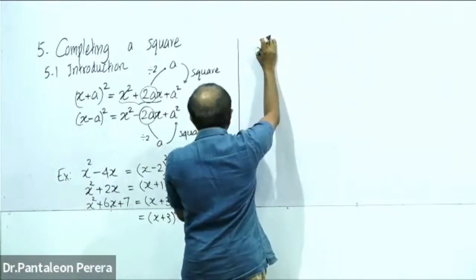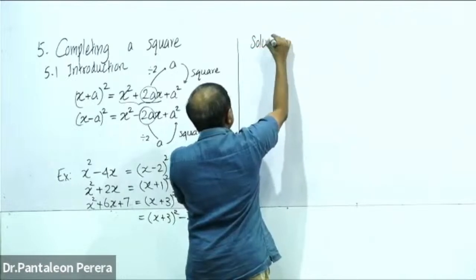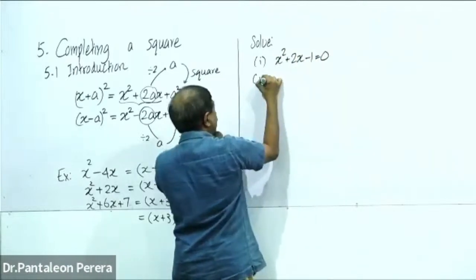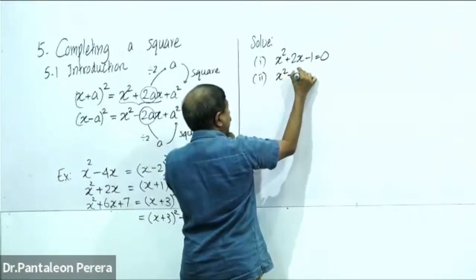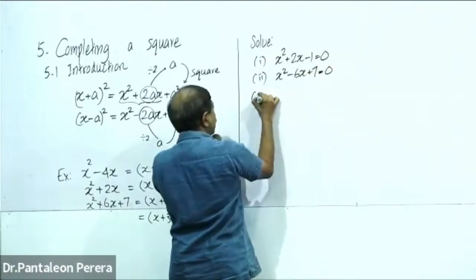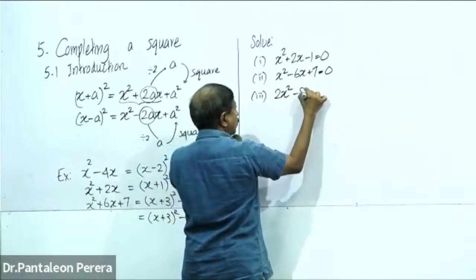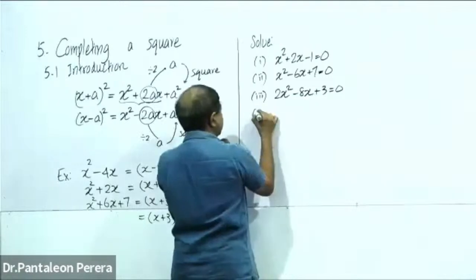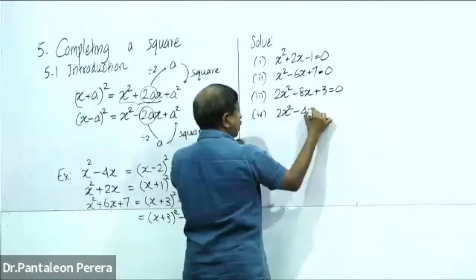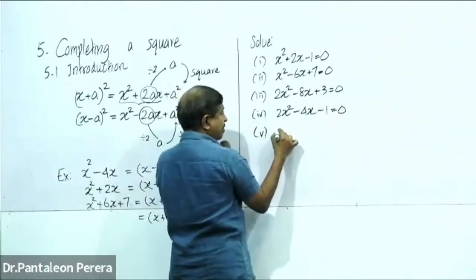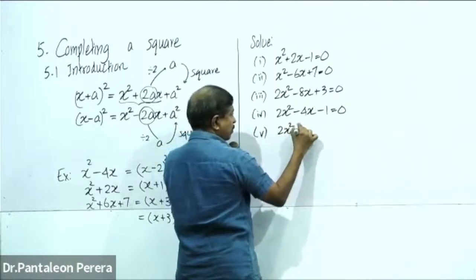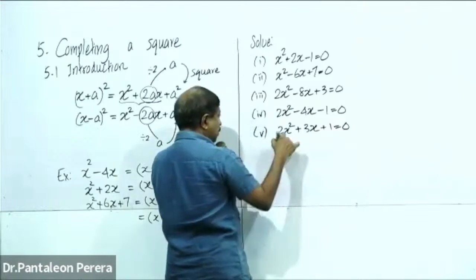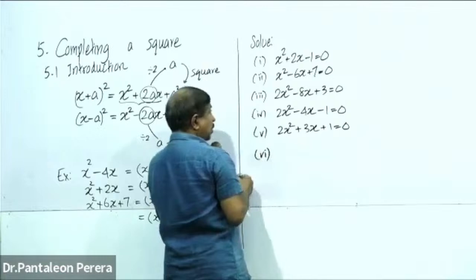Now, I mean, you can factor this, but still do it by completing a square.